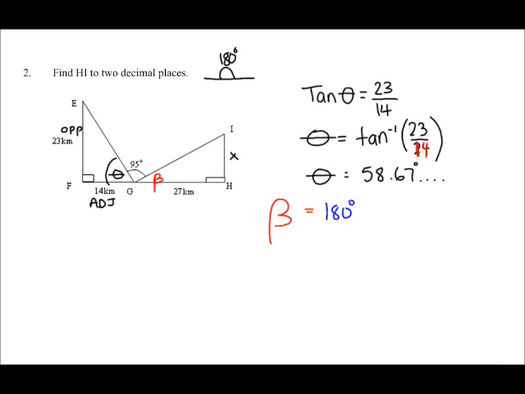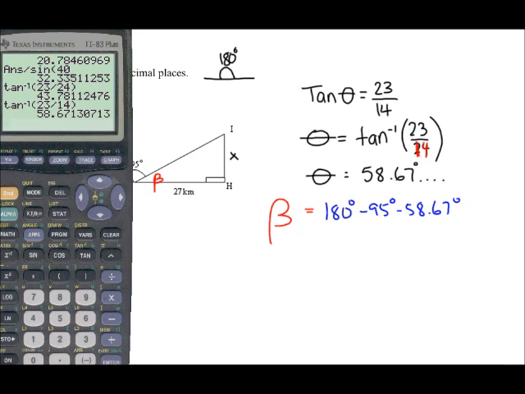We're going to take away the 95 and our 58.67, or add those together, then subtract. Either way, so you're welcome to add the 95, and then 180 minus second answer. So beta is 26.33 approximately. But we're going to use the exact in our calculation.